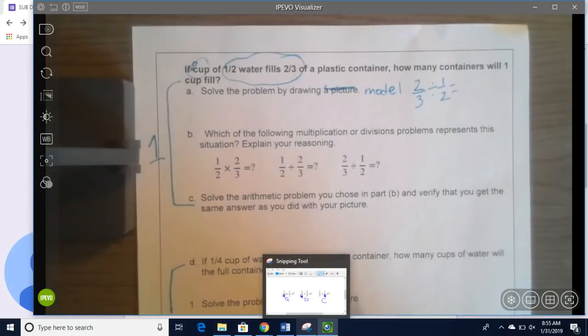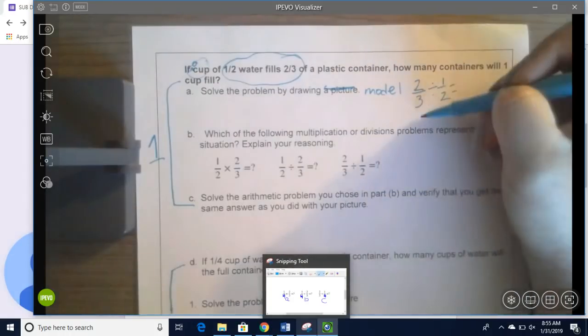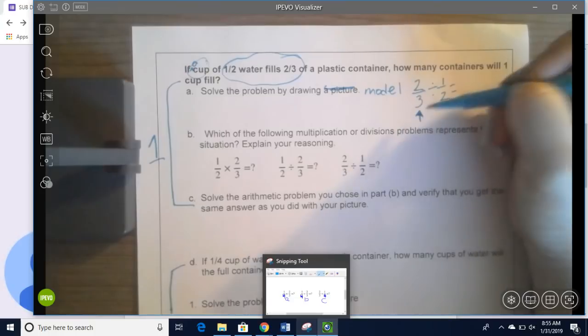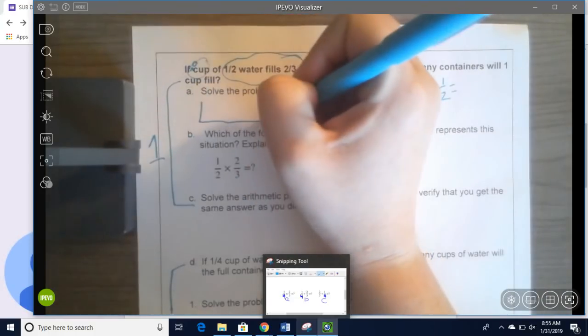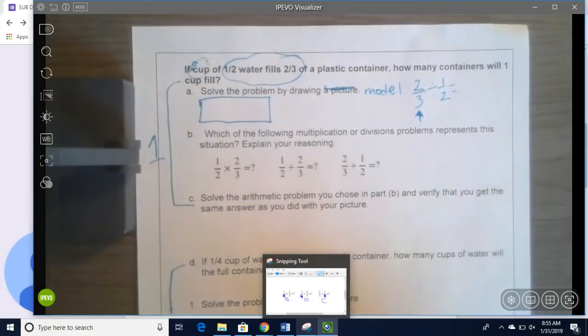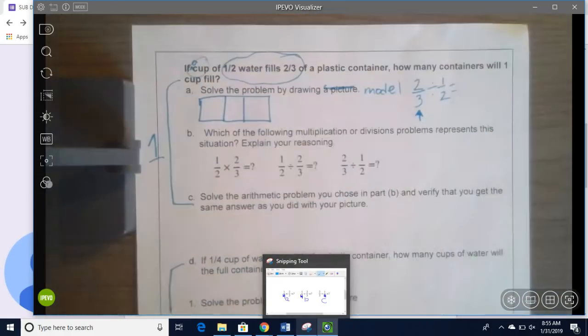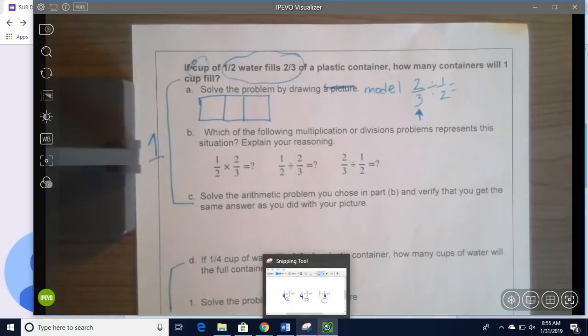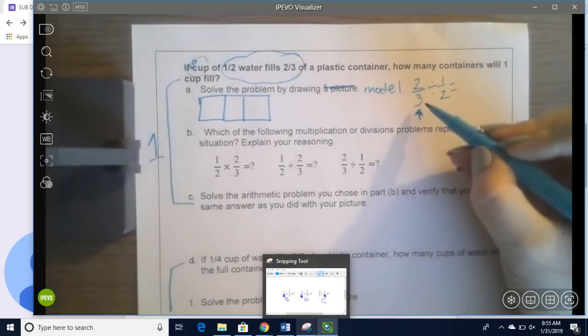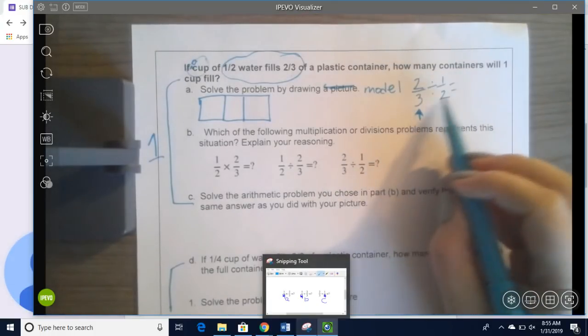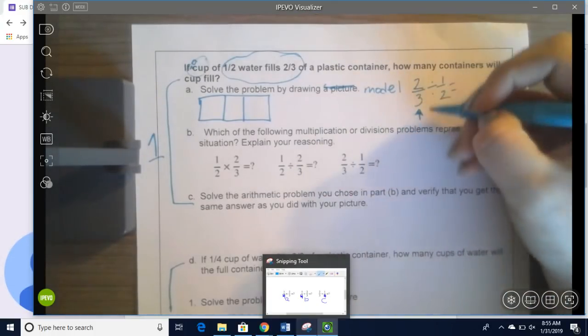All right, so our model, we draw the first fraction. Okay, 2/3. So here's my 2/3. Oh, Miss Cloris forgot a step. Before we draw our first fraction, we've got to make sure these are common denominators, right?